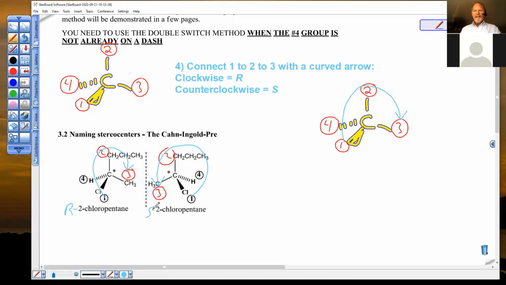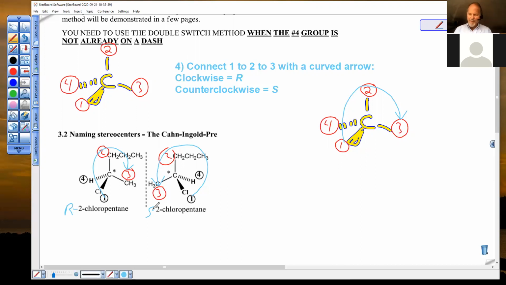Chapter 3. There's a lot of vocabulary in chapter 3. You will not be responsible for any of the vocabulary except for 3 things that we've already looked at today. The word stereocenter, the letter R, the letter S. So if you see other words like enantiomers and diastereomers and chirality, those are for next test, okay?